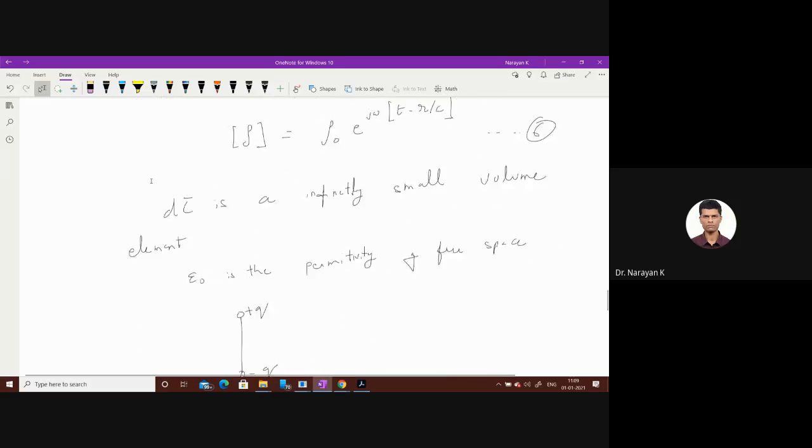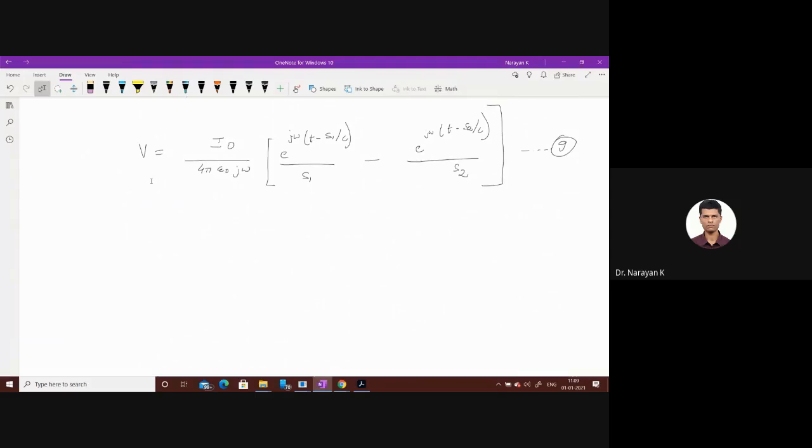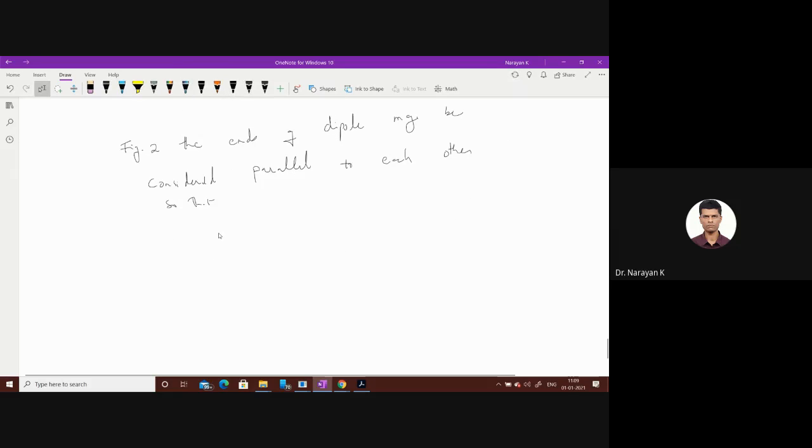Now coming back to this one, write down: referring to figure 2, the ends of the dipole may be considered parallel to each other, so that S1 is equal to R minus L by 2 cos theta and S2 is equal to R plus L by 2 cos theta.